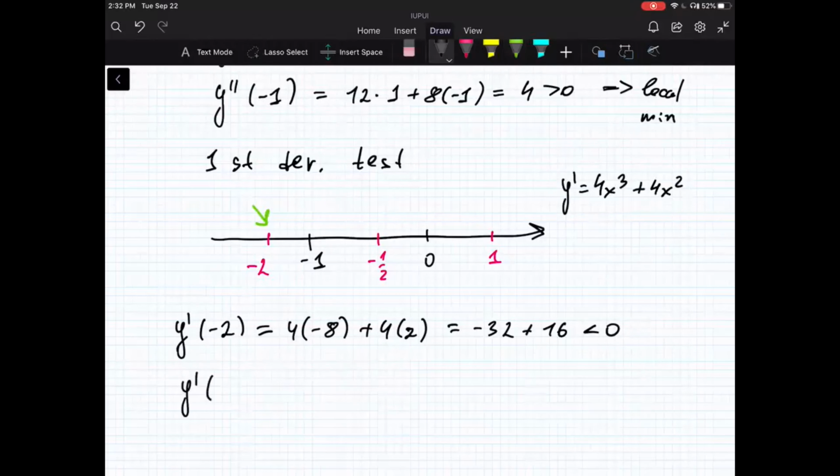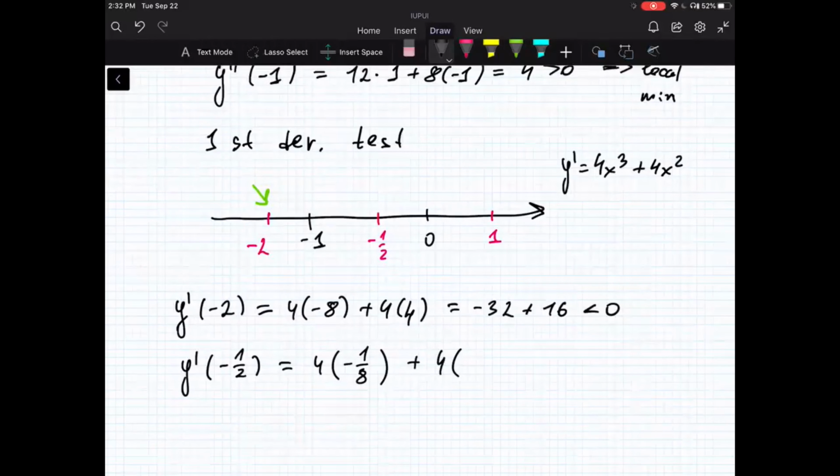y prime at point minus 1/2 will be 4 times minus 1/8 plus 4 times, oh, I put 2, so it should be 4, sorry. I put 2 squared, which is 4.